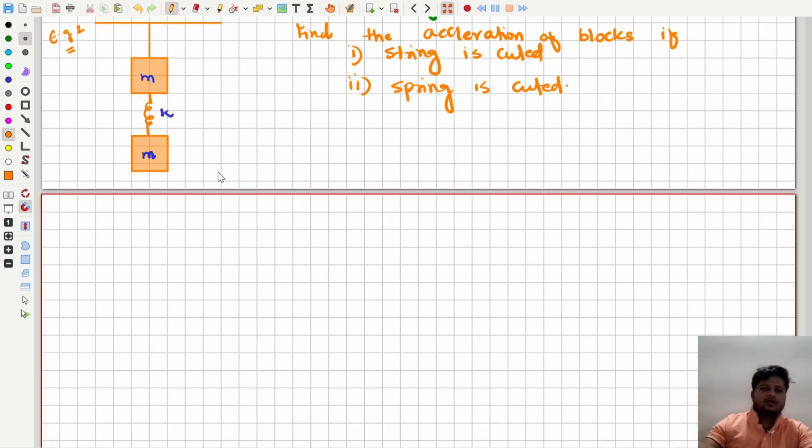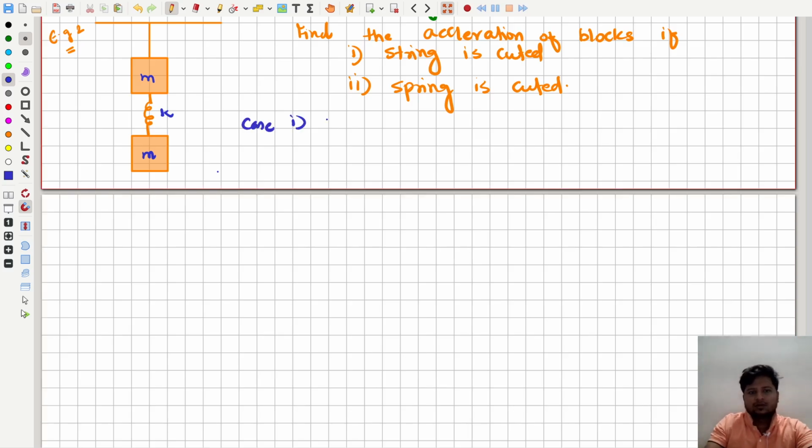So look over here. Case 1. We'll discuss case 1 first, when the string is cut. Okay. If I cut this string, first of all, I have to draw the forces in equilibrium.